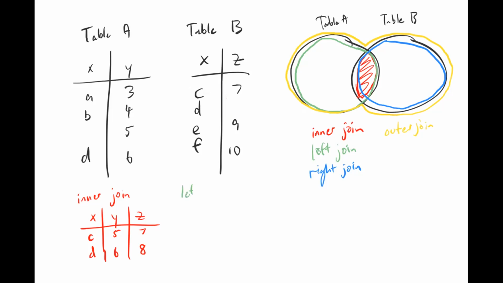Then we've got a left join, X, Y, Z. In my left join, it's going to take everything from table A and then anything that overlaps with table B. So it's going to be A, B, C, D, and then my Y is going to be 3, 4, 5, 6.